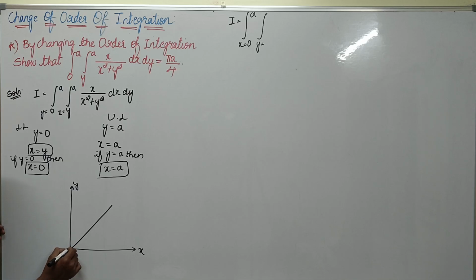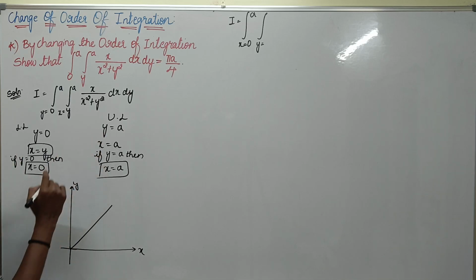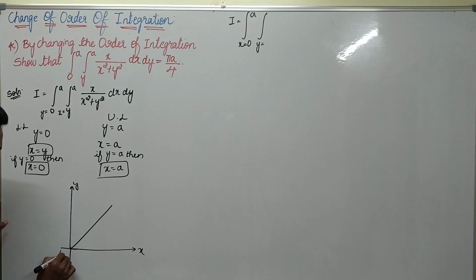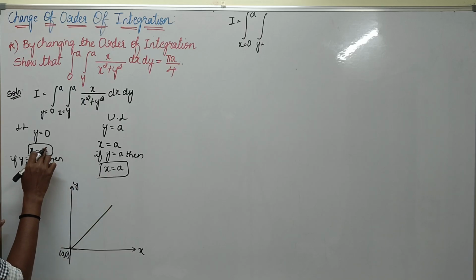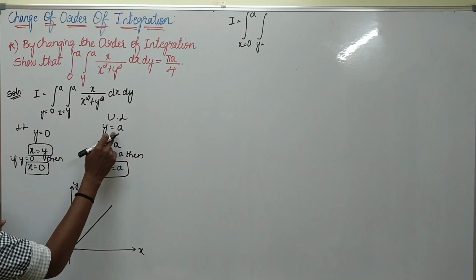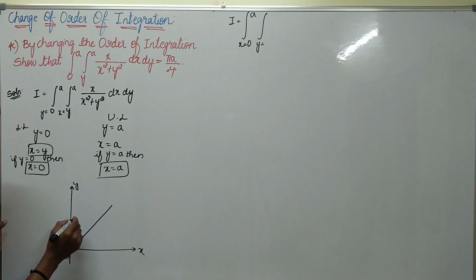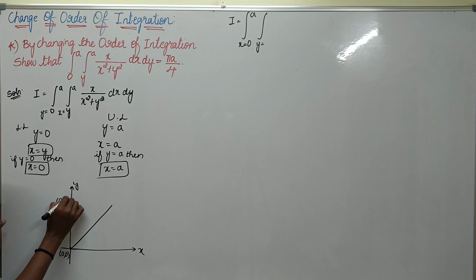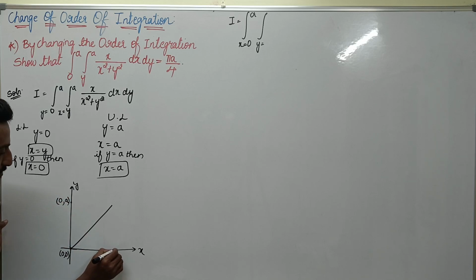Since y is 0, x is also 0, so we have the point 0 comma 0. Then x is equal to a and y is equal to a. That means we have 0 comma a, and then for this point we have a comma 0.